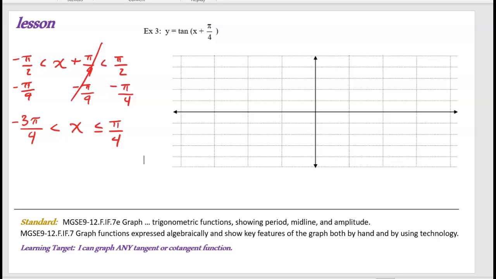All of these numbers turn out to be nice. We're not doing a lot with tangent and cotangent. I shouldn't say this, but it's true. We do a lot more with sine and cosine than with tangent and cotangent. So negative 3 pi over 4 and pi over 4. So I'm thinking of this as 3 spaces left of 0, 1 space right. So 1, 2, 3, negative 3 pi over 4.